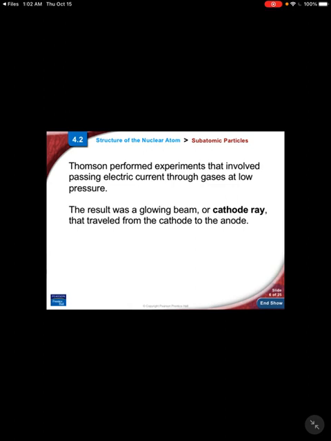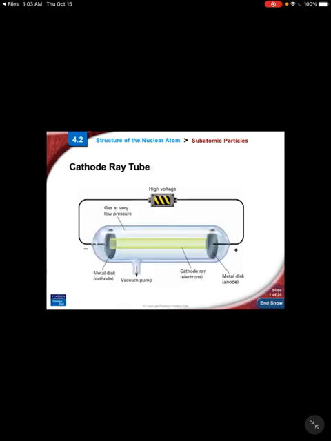These cathode ray tubes are hooked up to a vacuum to remove most of the gas, so you're at very, very low pressure. But a high voltage is applied across the tube, and the result is, coming from the cathode, a stream of negatively charged particles headed toward the anode.